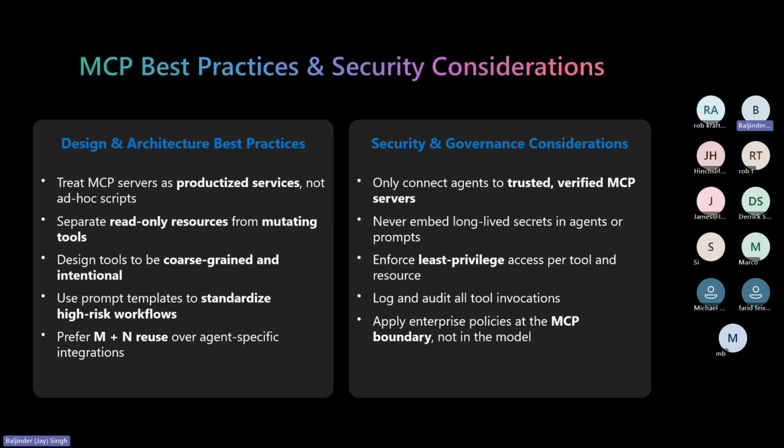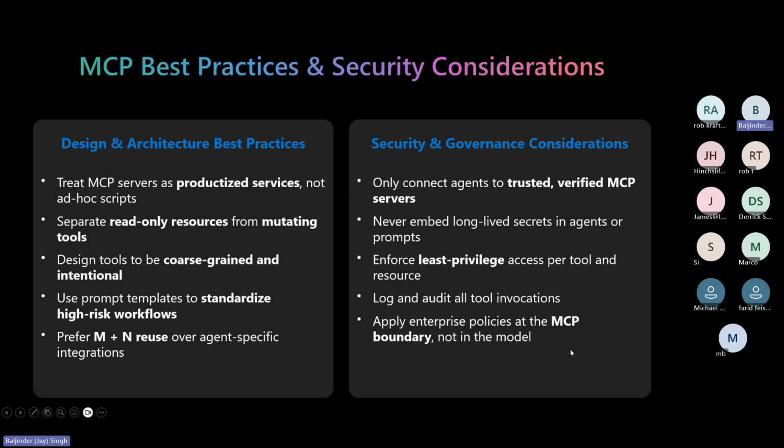And fourth, use prompt templates to standardize sensitive workflows, which ensures consistent behavior across agents and safe outputs. And finally, build once, reuse everywhere to avoid the N-times-M problem, which is one of the key problems MCP was designed to solve.